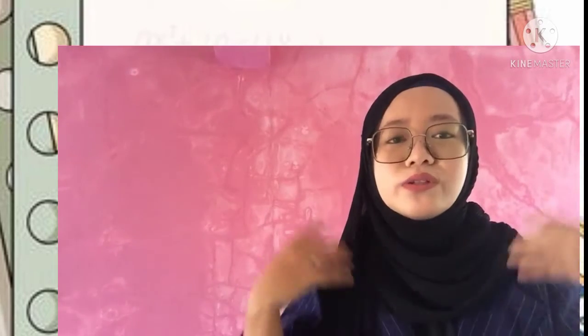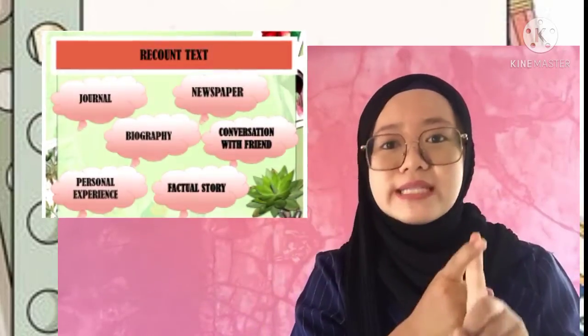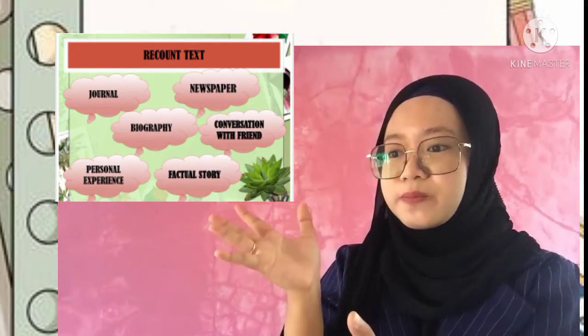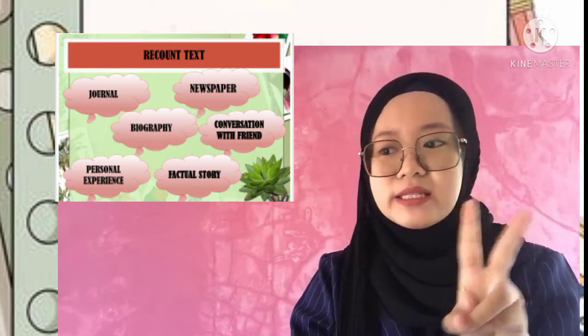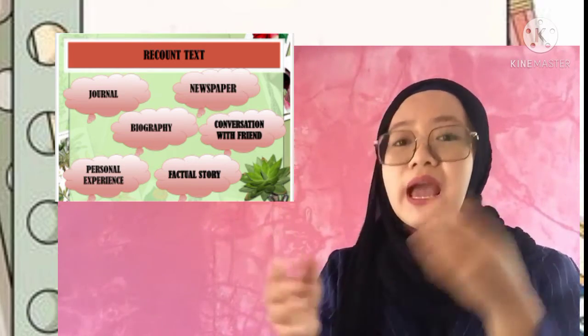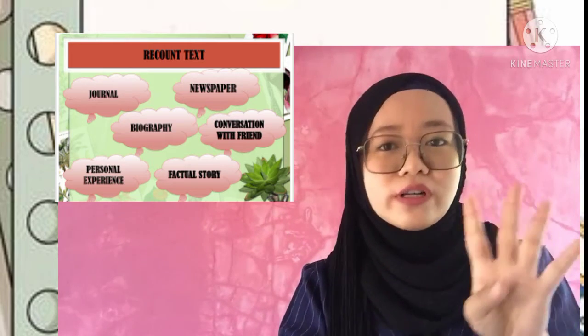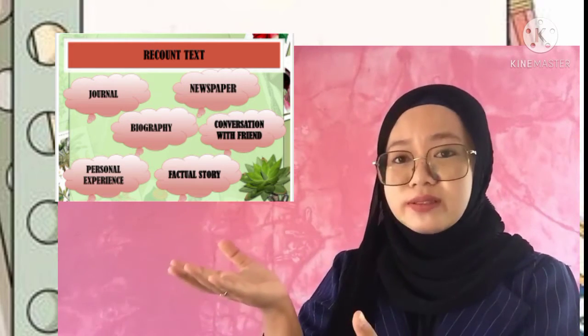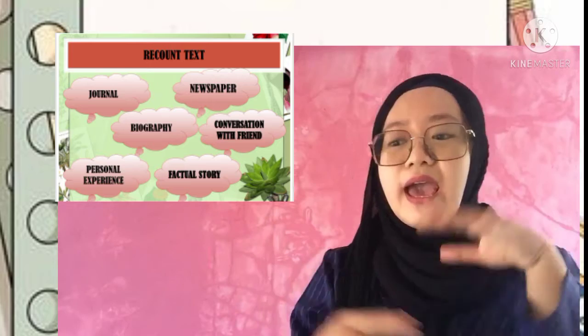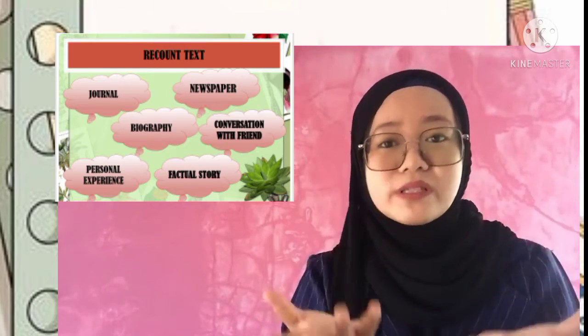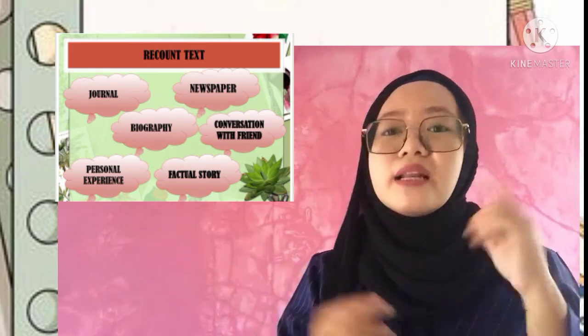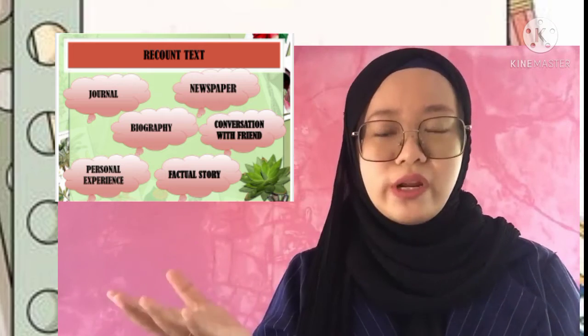Okay, because there are so many examples of recount, I want to give you some examples. The first is a journal, the second is a newspaper, the third is a biography, the fourth is a conversation with friends, the fifth is a personal experience, and the last is a factual story.